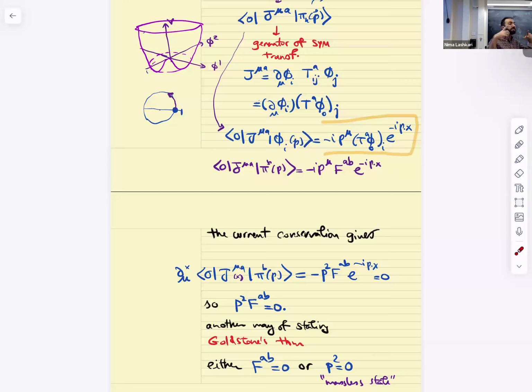So the simplest matrix element I can think of is a matrix element between the vacuum and a single Goldstone boson for the current operator. That matrix element is non-zero. And we're going to be calculating that matrix element.